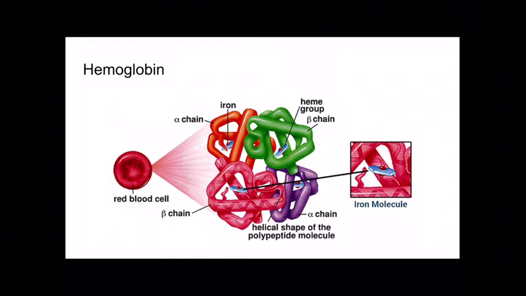We have something like 280 million hemoglobin molecules per red blood cell, and each hemoglobin molecule carries four oxygen molecules. That gives us a nice oxygen carrying capacity in our blood, as long as we're making hemoglobin correctly and red blood cells correctly. It is a fantastic protein for getting a sense of how complex proteins are.